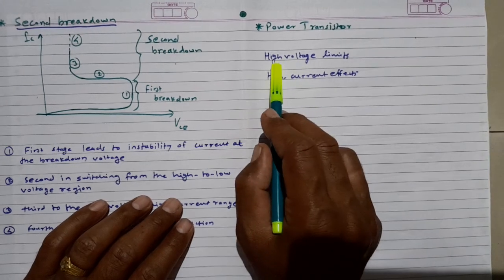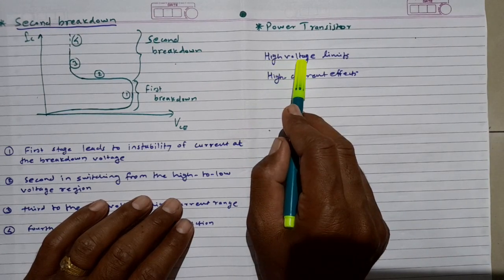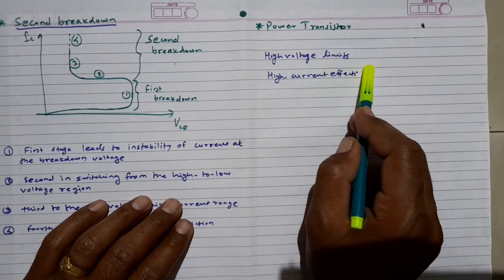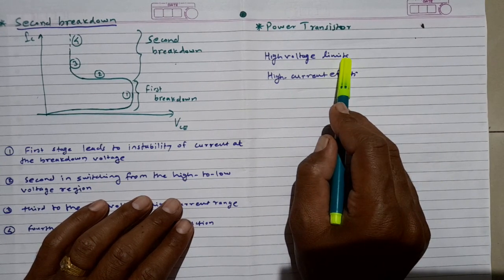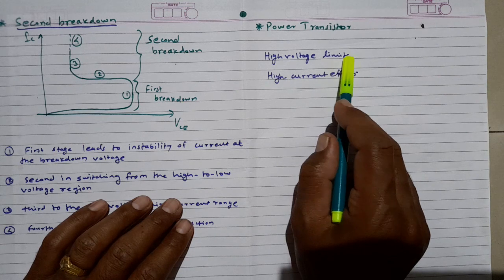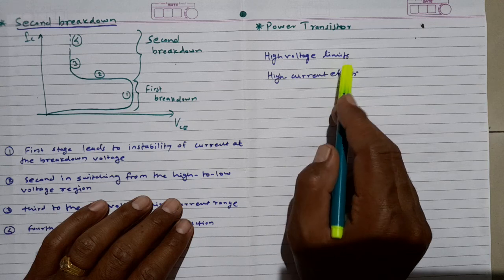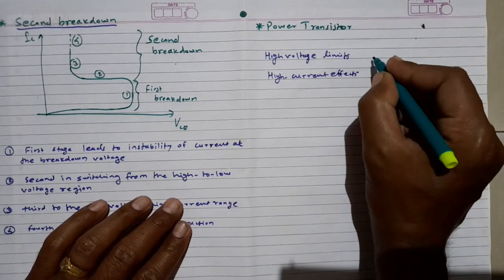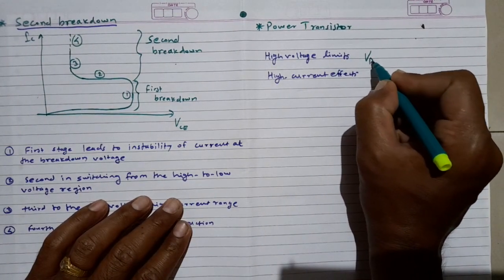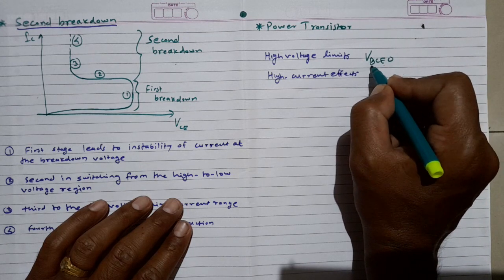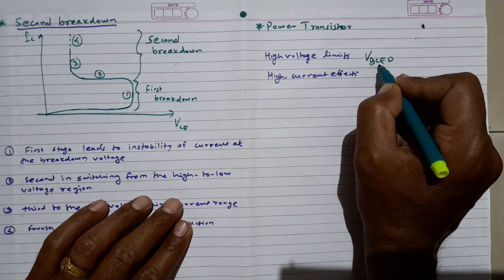So let's try to understand what is meant by the high voltage limits here. The high voltage operation is limited by its breakdown. Typically this value is given by BVCEO at the emitter, that is how much base to collector potential is applied.